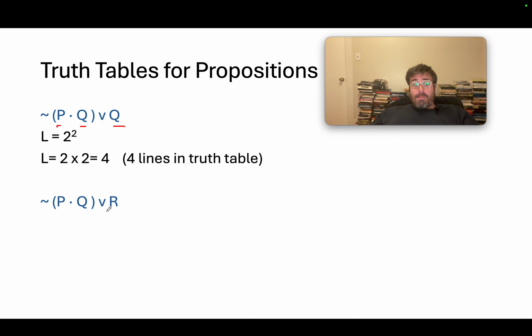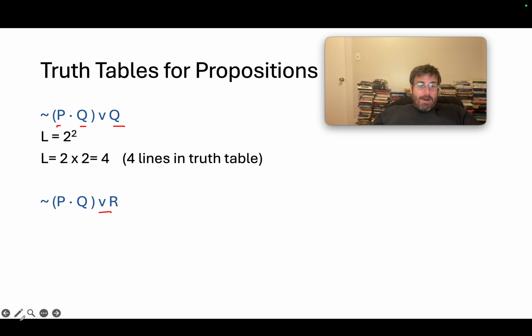If I ask you what the main operator is, you should be able to pick up on the wedge being the main operator because it's outside of parentheses, right? So this statement reads either it's not the case that both P and Q or R.